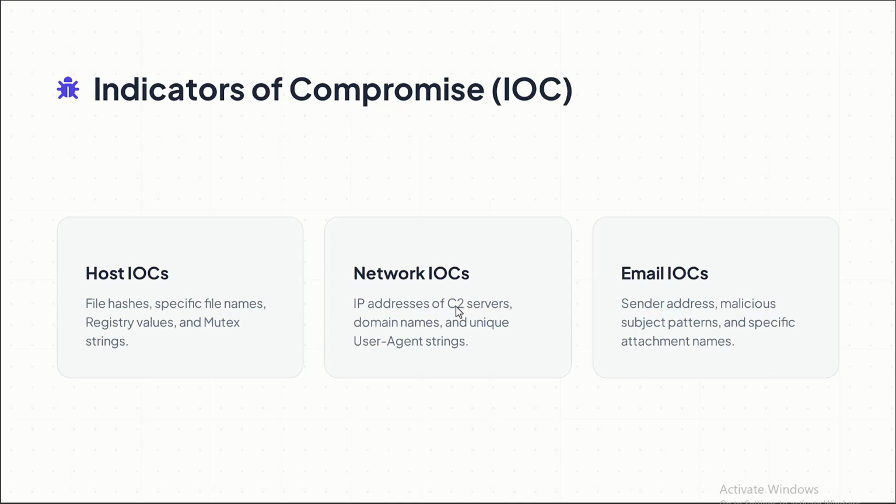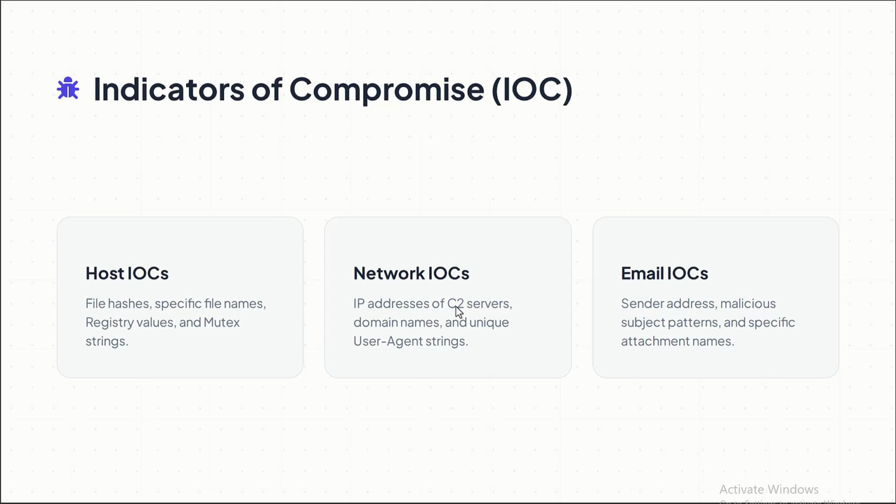But with an indicator of compromise, you're actually infected. That's why we are looking for indicators of compromise, like host IOCs, network IOCs, and email IOCs. IOCs basically stand for indicators of compromise. Host IOCs, or from the Pyramid of Pain, host artifacts, contain file hashes, specific file names, registry values, mutexes, and also strings.